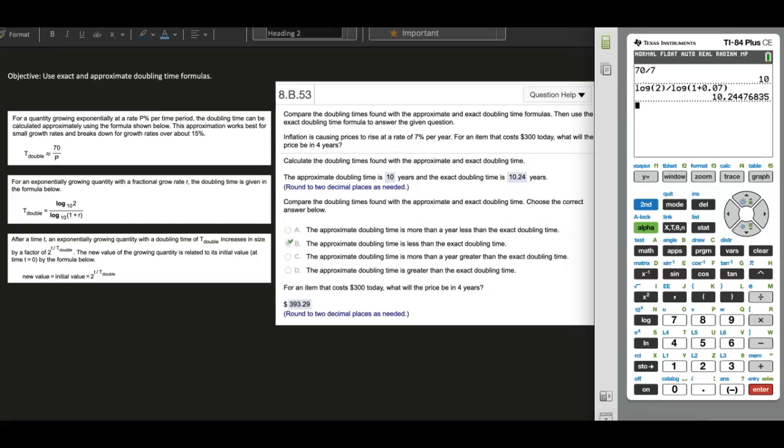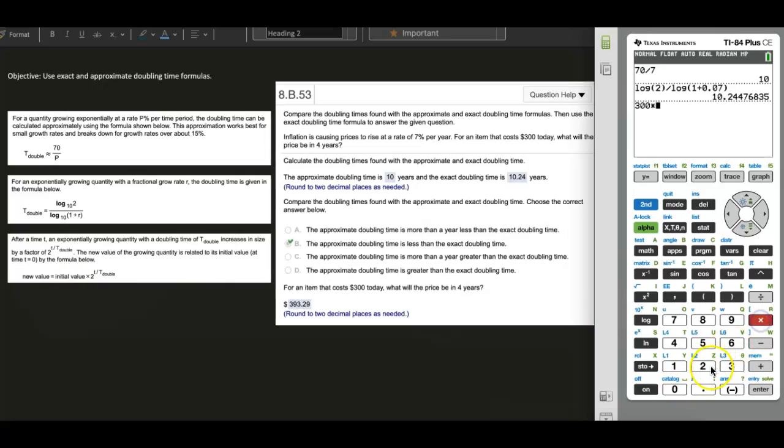And then if an item costs $300 today, what will be the price in 4 years? Here's this formula. Again, I've just copied this from the text. So to get this new value, we start with the initial value, which is $300.